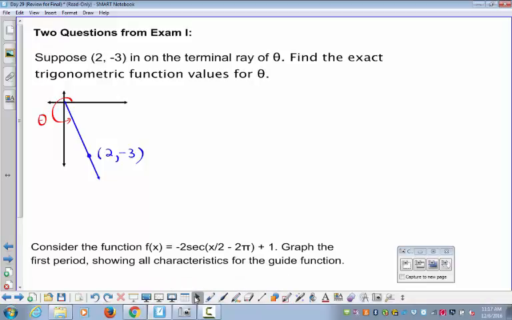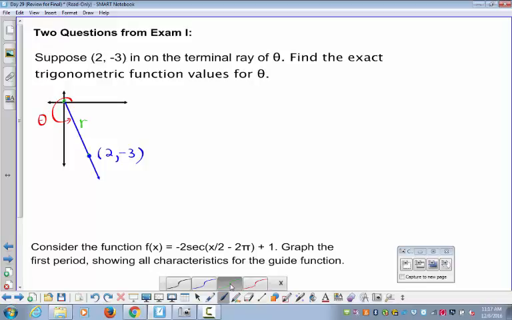So we have 3 quantities we need to know to find the trig values. We need x, we need y, and we need r. R is the radial distance from the origin to the point. So that distance right there. Does that make sense?